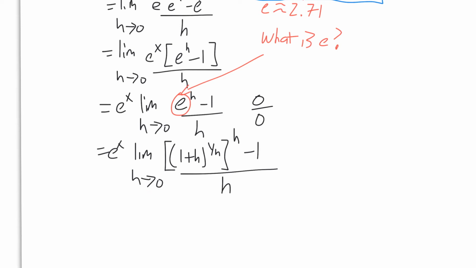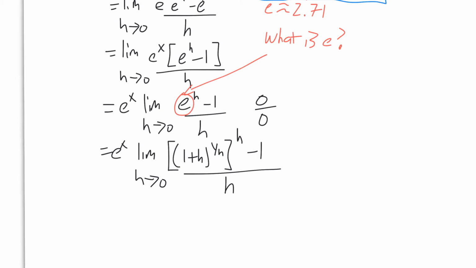Now let's go ahead and do some simplification. When we have a power to a power, remember, we multiply. So this is going to become equal to e to the x, limit h approaches 0, (1 plus h) to the h over h, minus 1 over h.